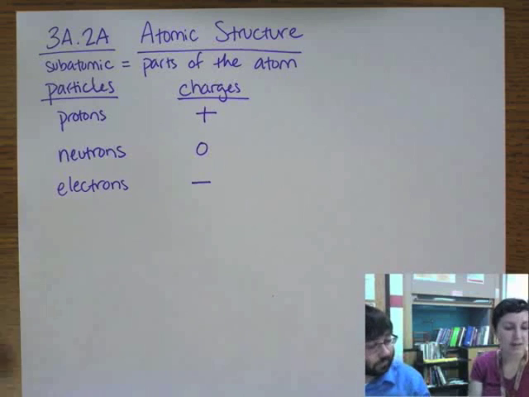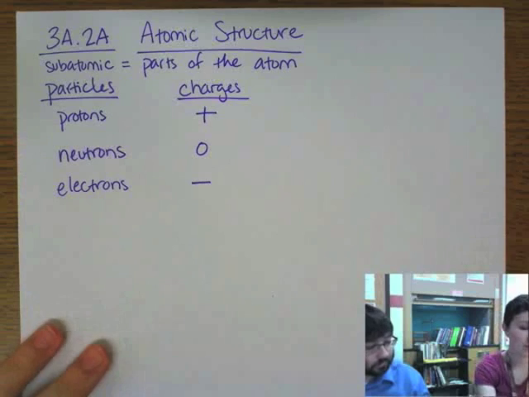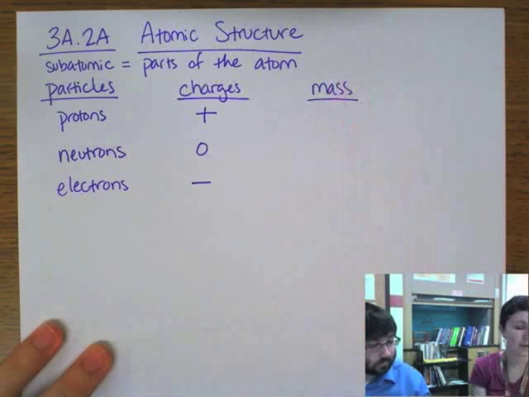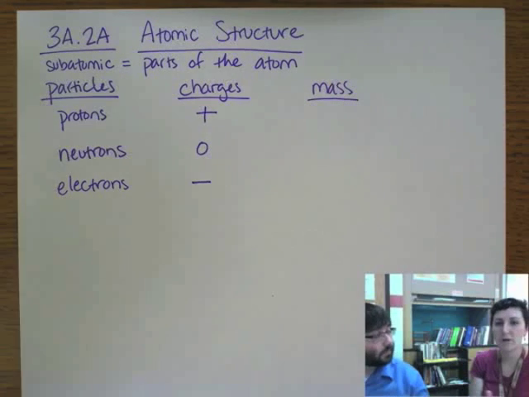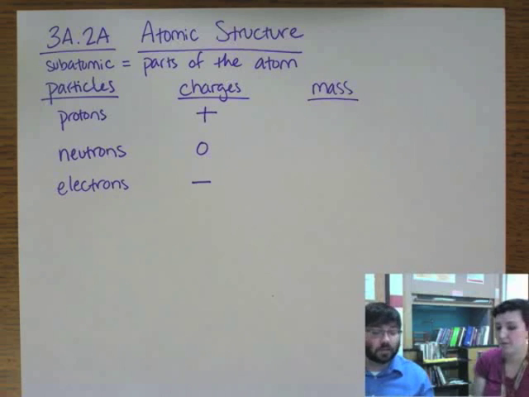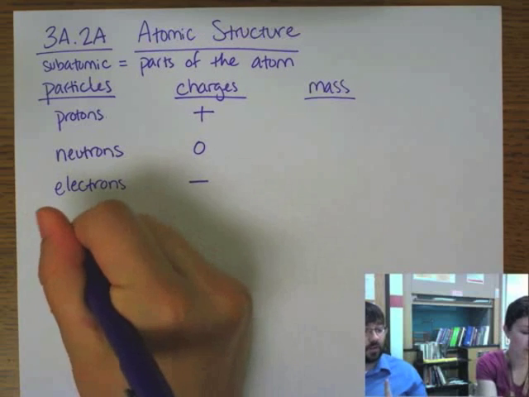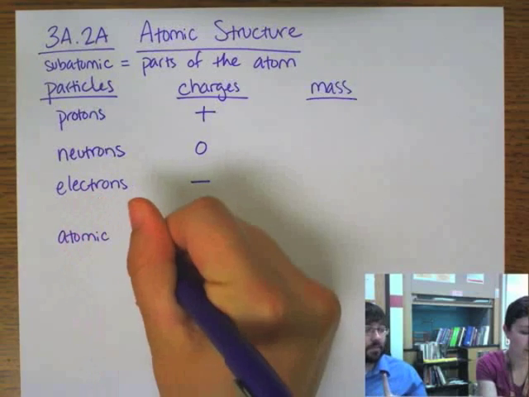And you did say that protons and neutrons are what contribute to the mass. So how much mass do they have? If I have one atom, how much mass do the protons and neutrons contribute? They're so very tiny that we have a specific unit just for them called an atomic mass unit. One proton or one neutron will have one AMU.